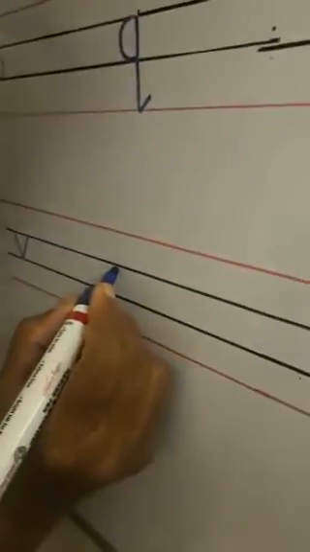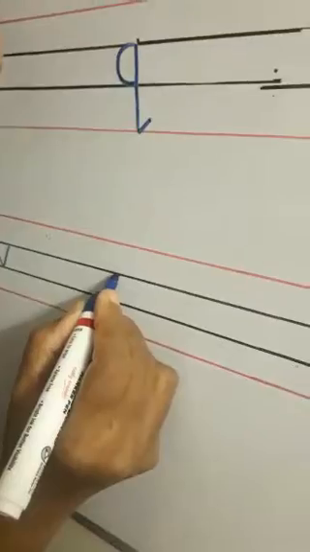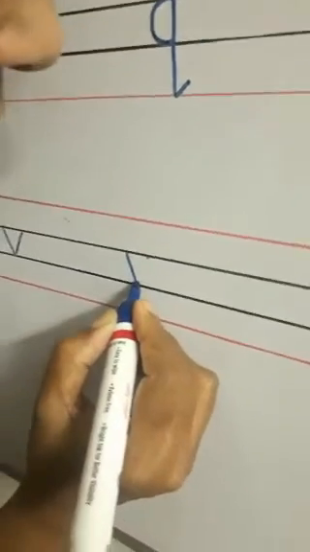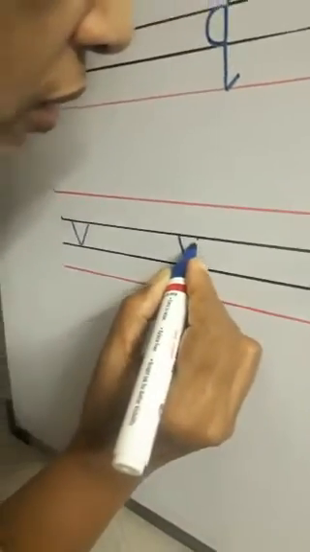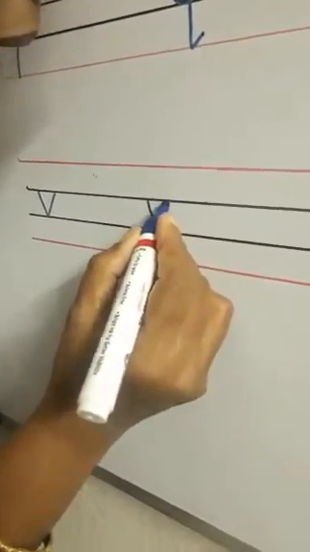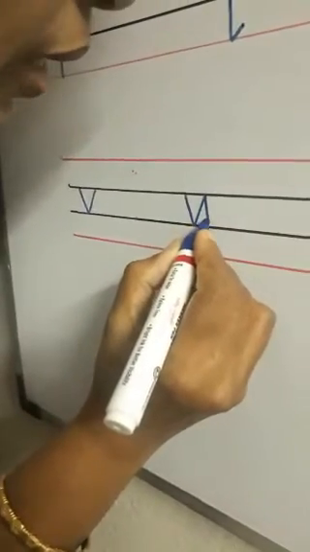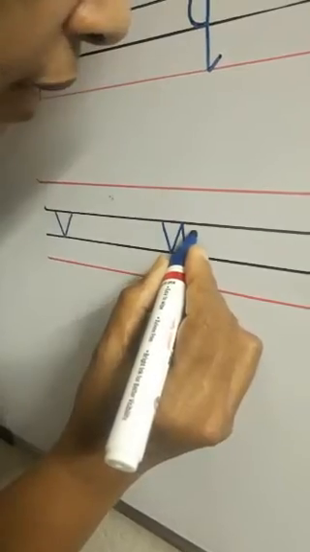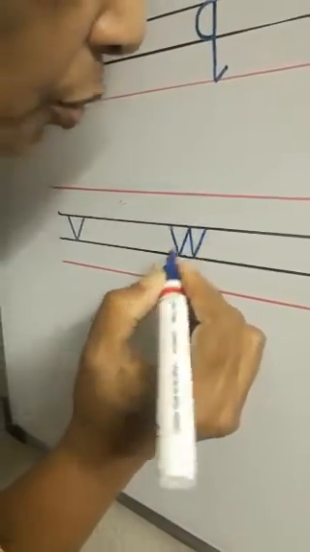For writing W, start from the middle and draw a slanting line towards the bottom. Again one more slanting line towards the top of the middle. Then again down another slanting line, and to the top one more slanting line up to the middle.